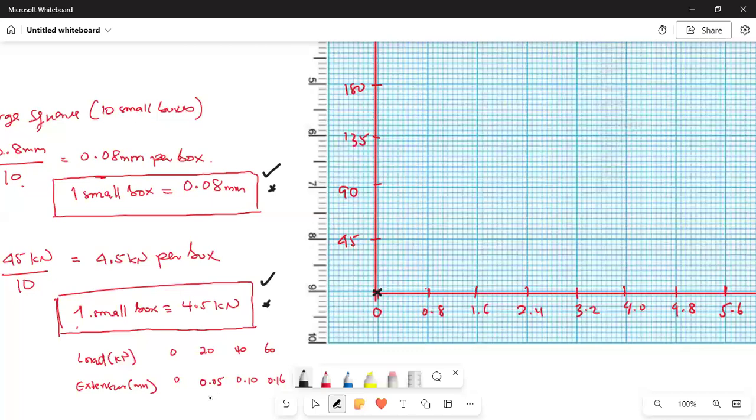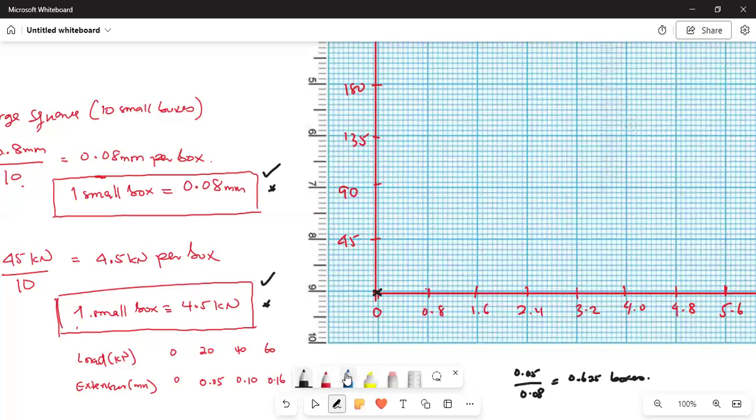So let's go. 0.05, if I divide it by 0.08, what do I get? 0.625, and this is boxes. So I'm getting 0.625 boxes. That's about 0.6 boxes. We know this is one box.